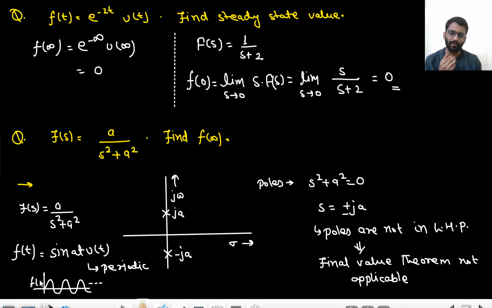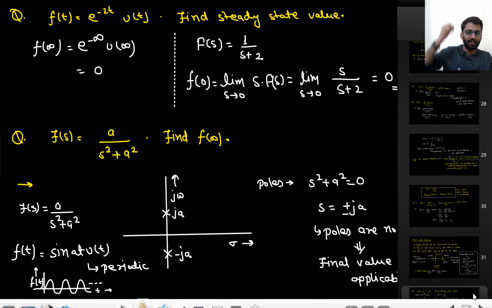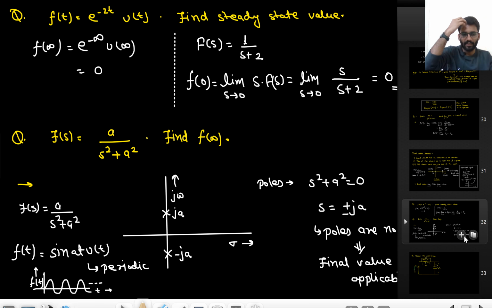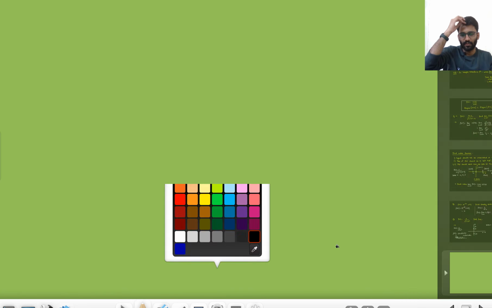This will be your f of t. Because the signal is periodic, you can't apply final value theorem here. Okay, shall we take another example where you can actually apply the final value theorem? I guess I can take an example.